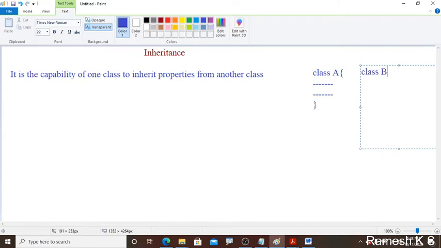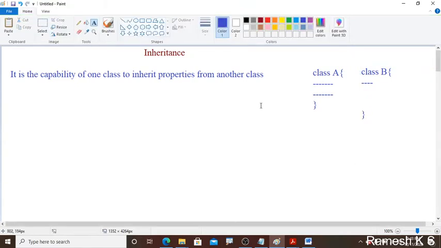Class B has some properties. So it is a capability of one class. Assume this class has some capability, some extra features. So now I wanted to apply these features, these properties, to this class.